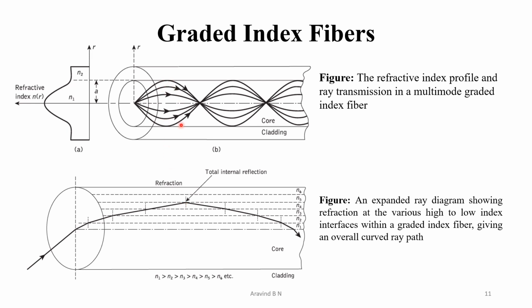So here we can observe a total of 6 rays. Considering only the top part, we can observe that this one is getting total internal reflection very early in the core region, this one a little bit later, and one more at the core cladding interface. Similarly, it has been shown at the bottom region also.